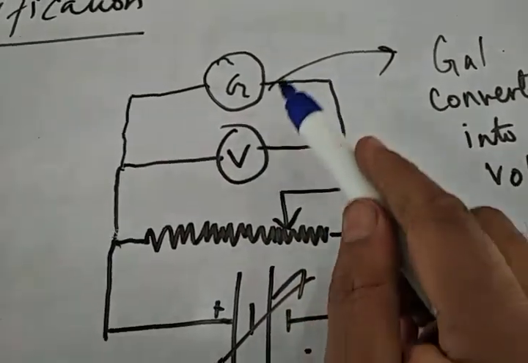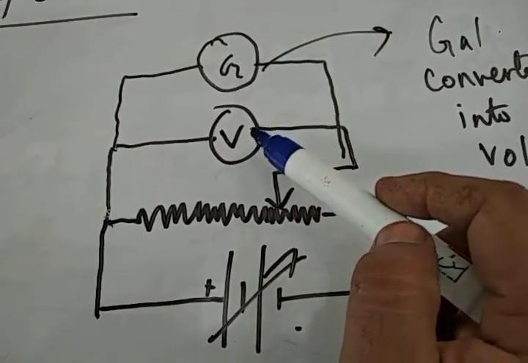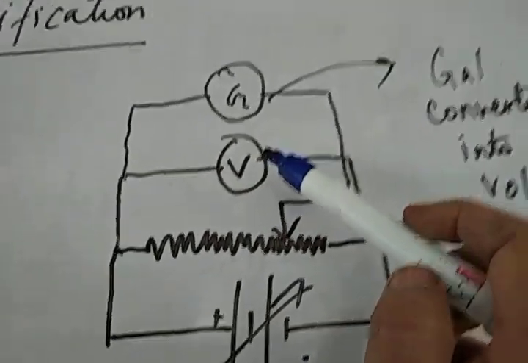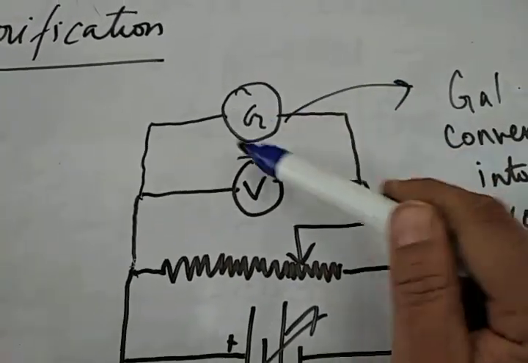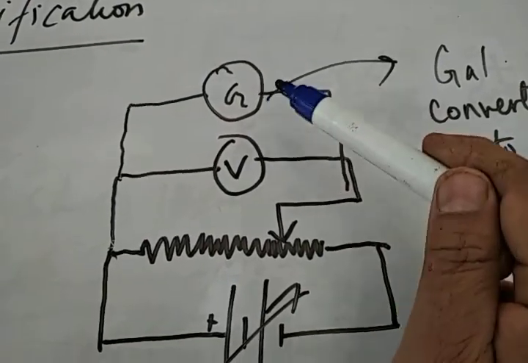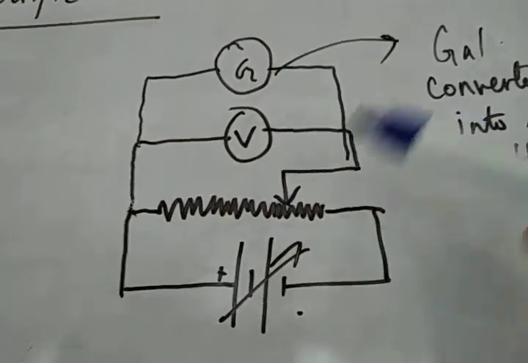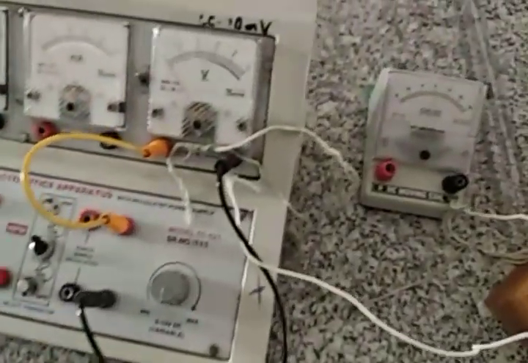These two are arranged in parallel. Whatever voltage is measured by this voltmeter is also measured by this converted galvanometer. Okay? So this is the circuit we are going to use, and I have arranged the circuit likewise.